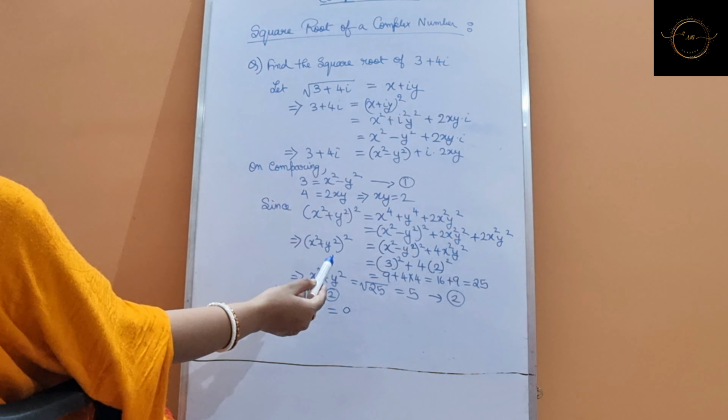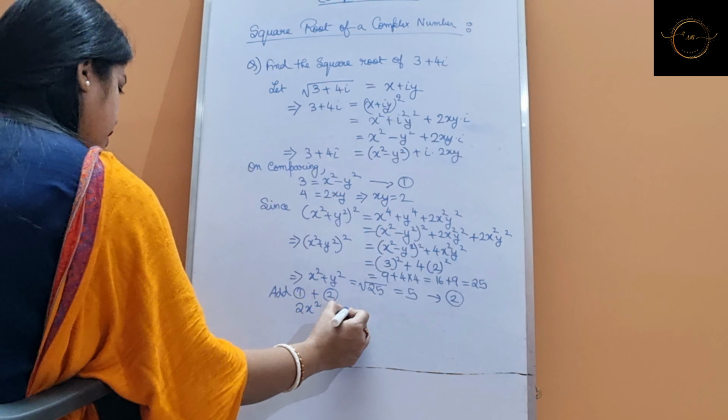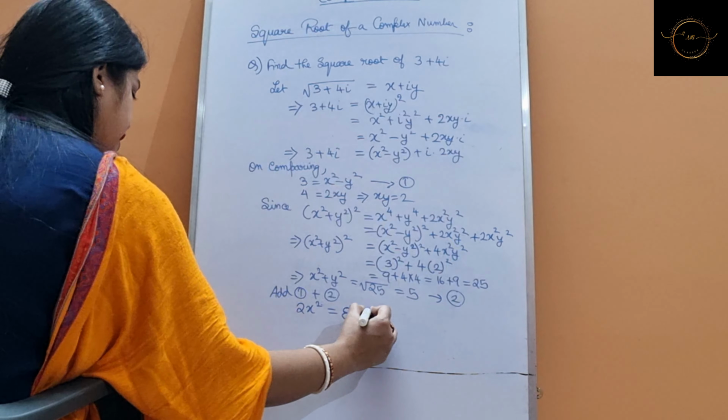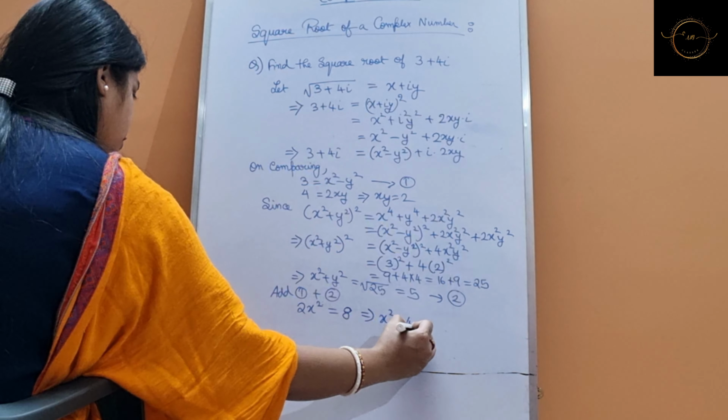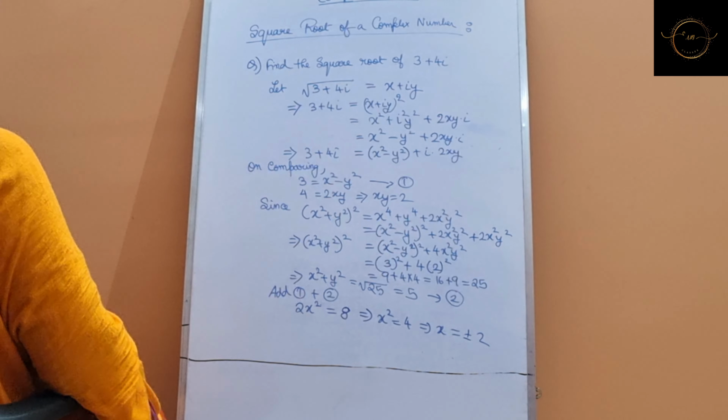The y square will get cancelled. So 2x square is equal to 5 plus 3, that is 8. So x square is 4, and we get x equal to plus minus 2.